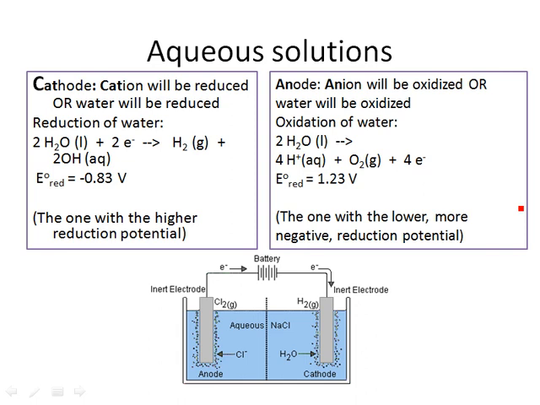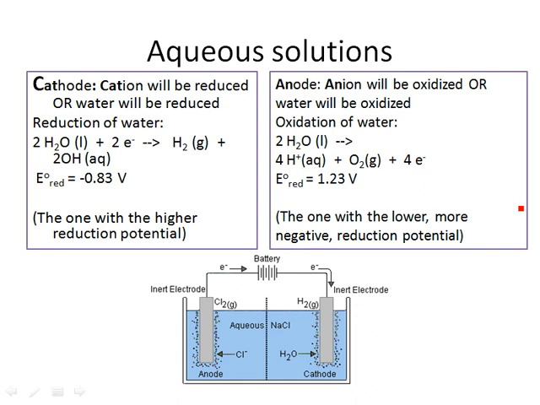At your anode, similarly, you can have your anion, like in the molten, or you could have water being oxidized. I wrote that reaction as well. I went ahead and flipped it from what is on the paper, because it's at the anode. I did not flip that voltage value yet.